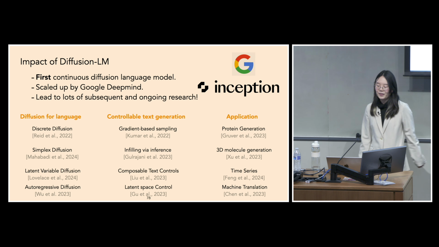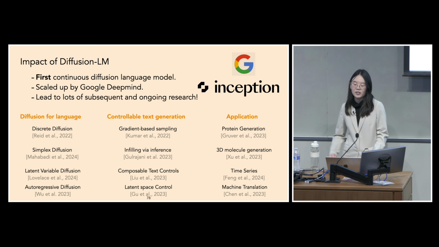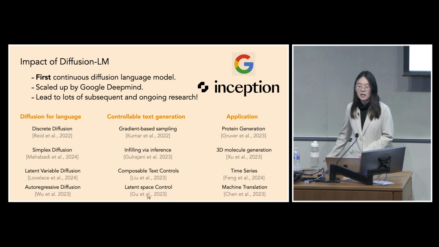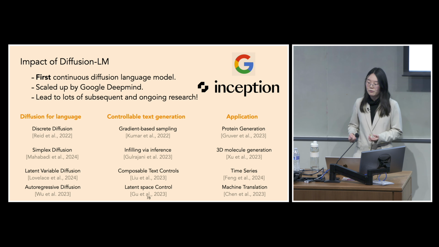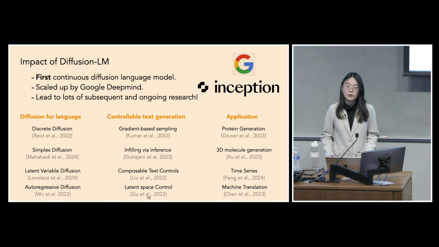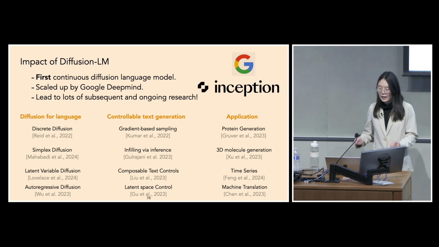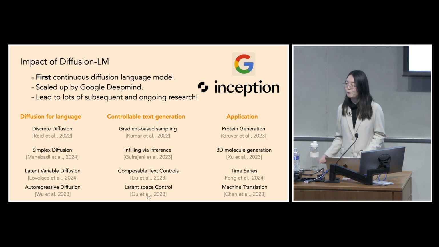Also, very recently, there's a startup called Inception that just launched last week, and it's based on this core idea of Diffusion-LM. Their main competitive advantage is that diffusion language models enable 5 to 10 times faster decoding than autoregressive models.